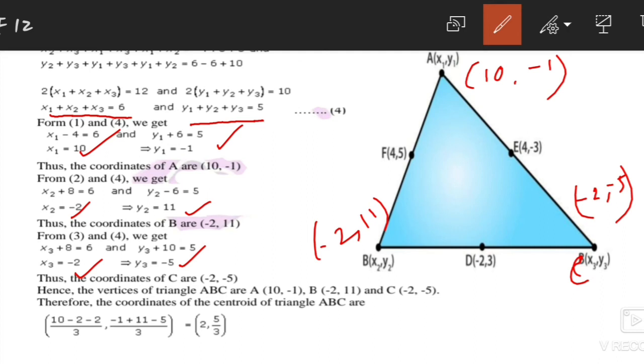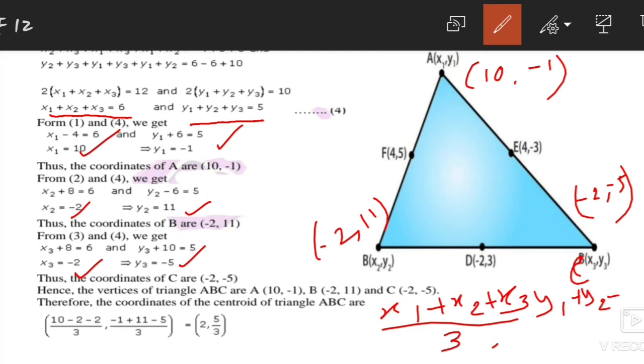Now you know that the centroid of a triangle will be (x1 plus x2 plus x3 by 3, y1 plus y2 plus y3 by 3).